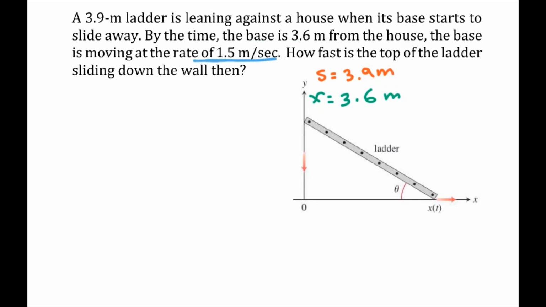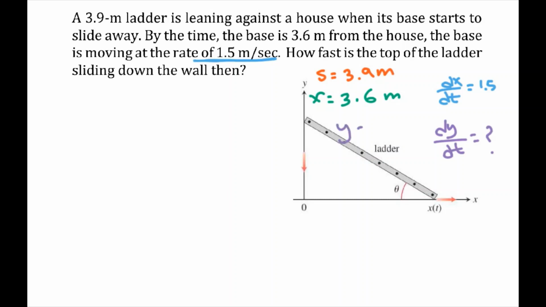So it's moving horizontally, that's dx over dt. Now, how fast is the top? Since it's moving this way, the top will move that way, down. Okay, slide down. So how fast is the top of the ladder sliding down? So they want us to find dy over dt.